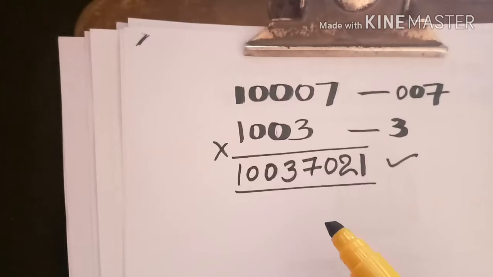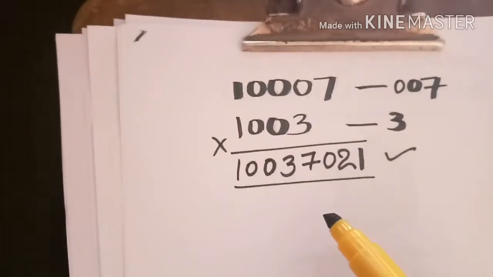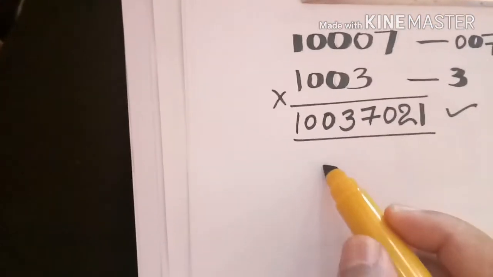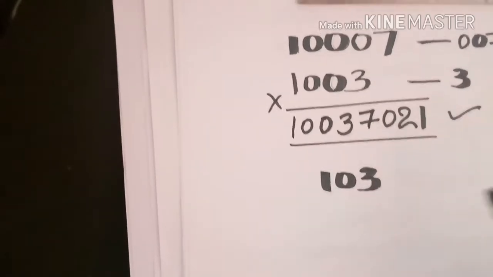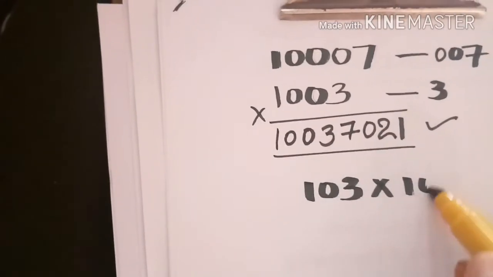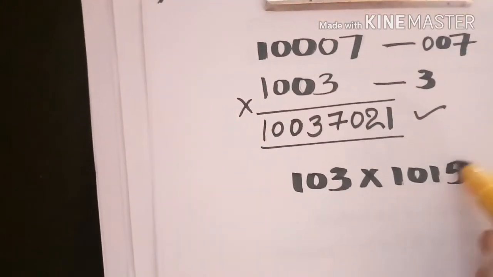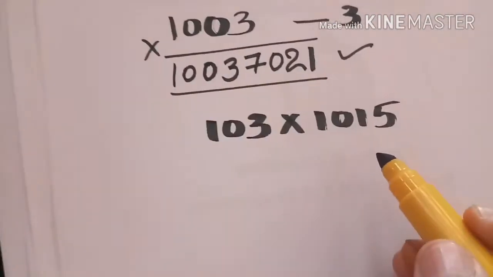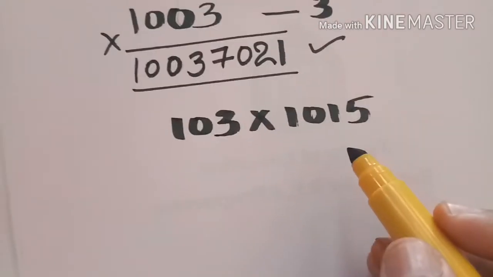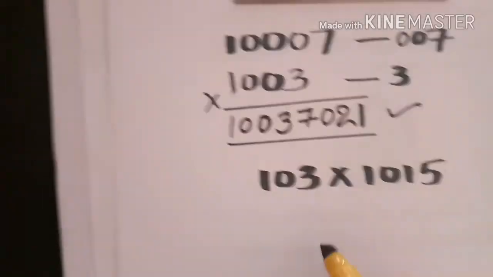So we'll see some remaining problems also like this, so you can easily understand. I want to take one more example. It is 103 multiplied with 1015. So it is somewhat different numbers and big numbers, right? Within seconds is it possible or not, I will show here.